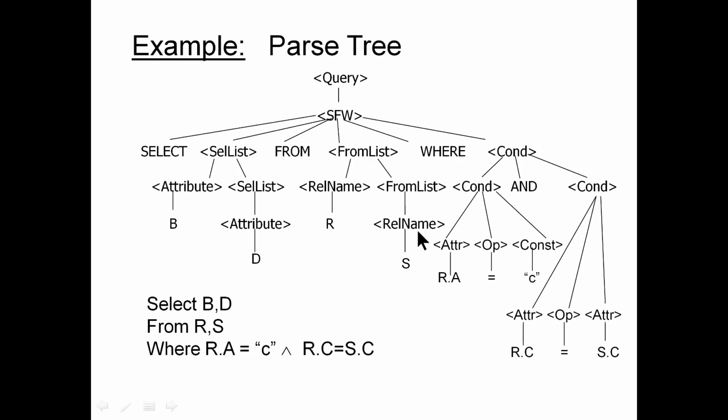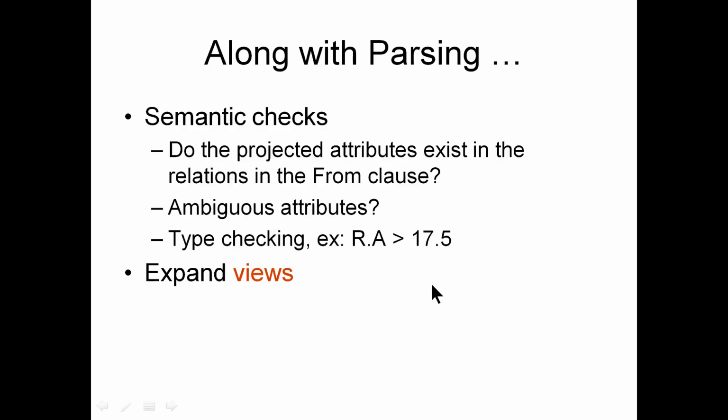If you have another relation, again from list relation. Then in where you put the condition. A condition may be attribute operator constant, or attribute operator attribute.